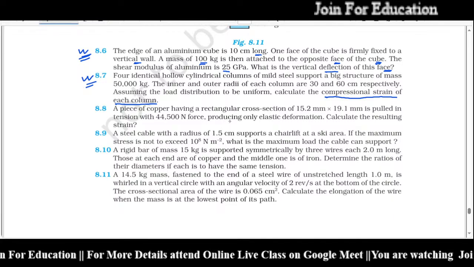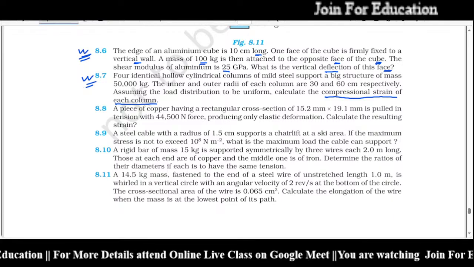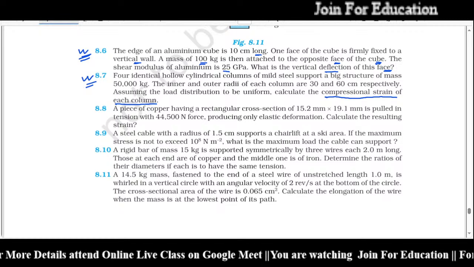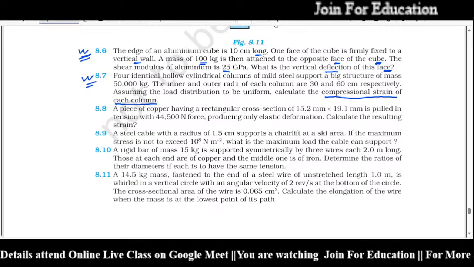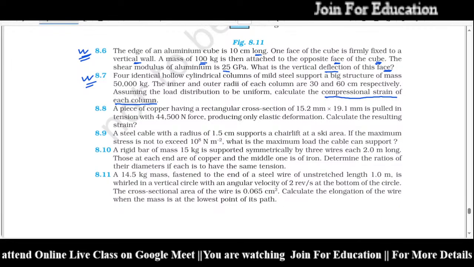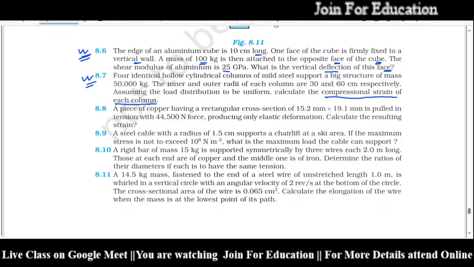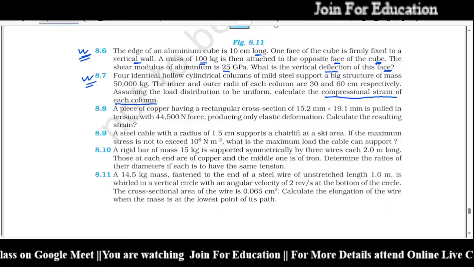This question is based upon, we have three types of modulus: Young's modulus, shear modulus, and bulk modulus.